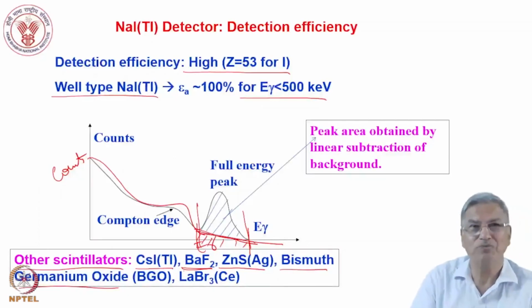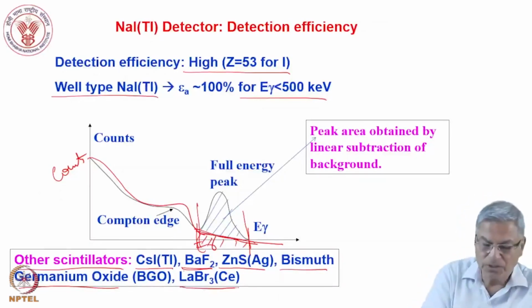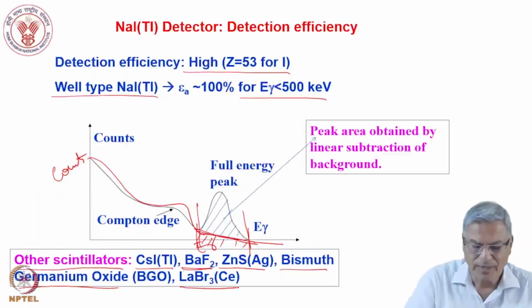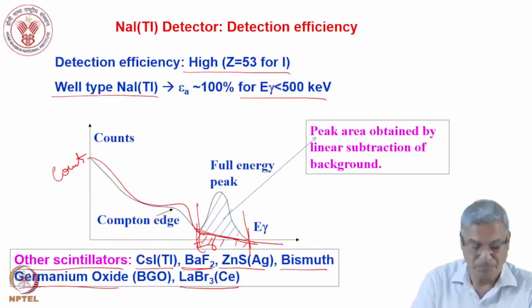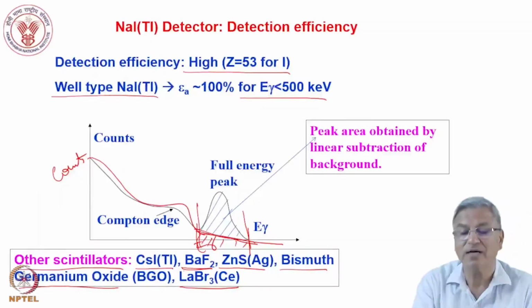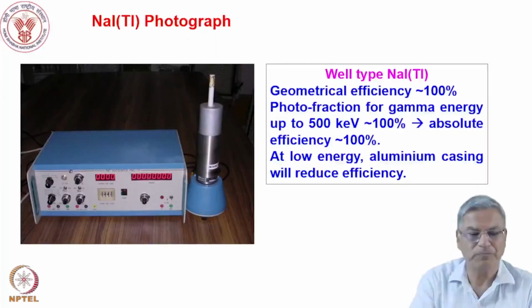The high Z of the bismuth makes it very high efficiency, but resolution is worse than sodium iodide thallium. And recently, one new detector has come in the market, the lanthanum bromide detector, which is doped with cerium. So lanthanum bromide detectors are another class of detectors which we will be discussing very shortly.